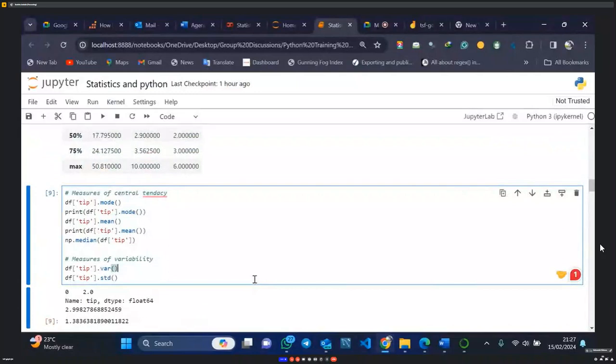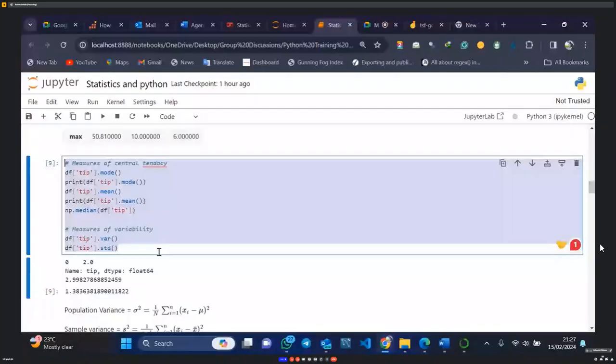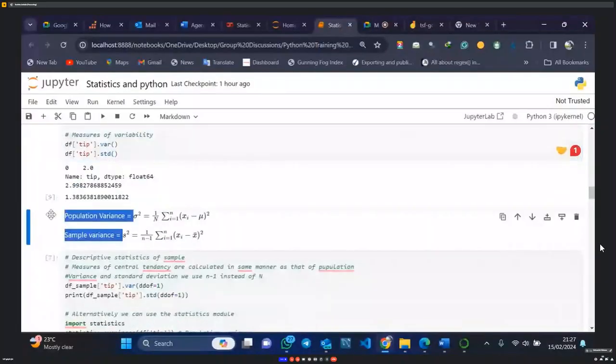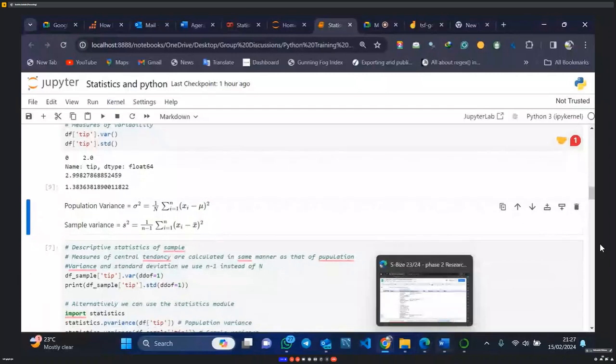Where we have the standard population, standard deviation, and the statistical formulas. The ones at the bottom. Yeah, exactly.